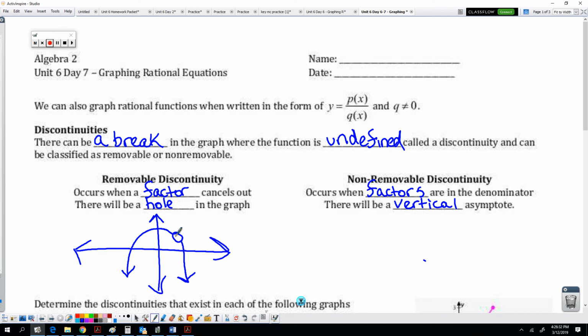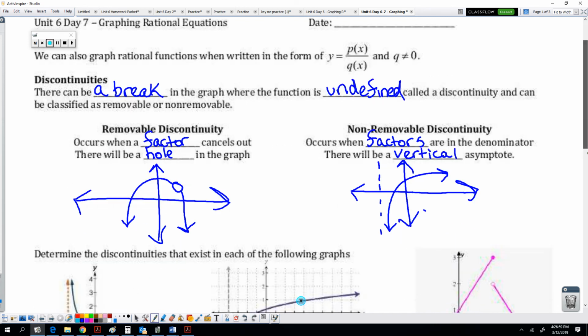So now what we have for non-removable is, if you think back to the last lesson, it was our asymptote. It's going to be the vertical asymptote. It's non-removable. So it's a break in my graph. Okay, so right here it's vertical. And it's not going to touch that. So that is non-removable and removable.